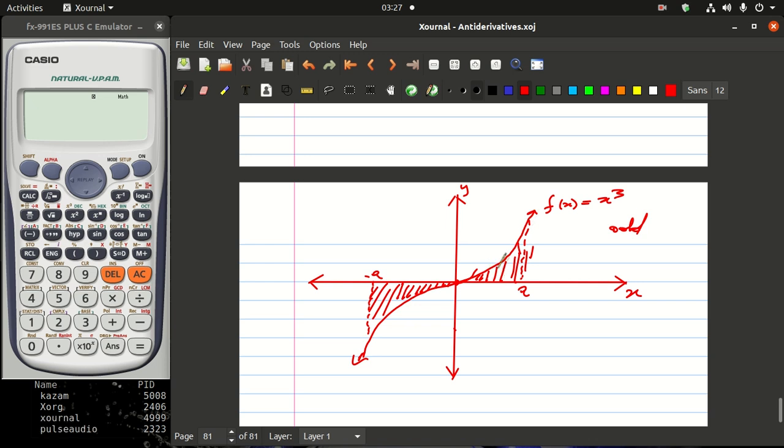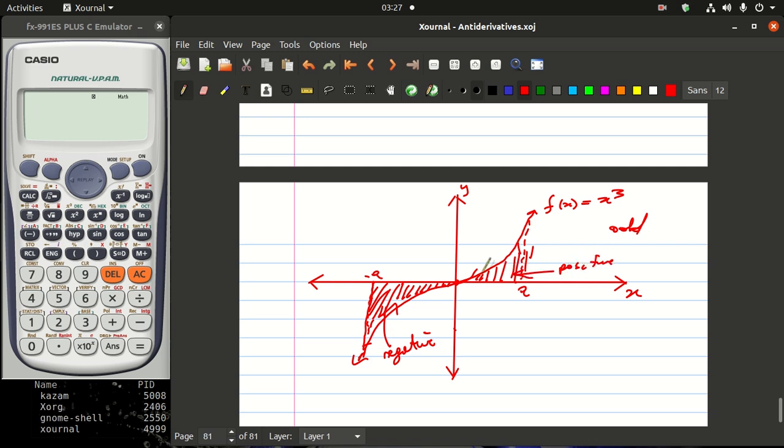So whatever is produced here will be the same as the area that is produced there, except for the fact that when I'm creating my rectangles in this region, they will have a negative height. So the area here is going to be negative, but the area here is going to be positive.